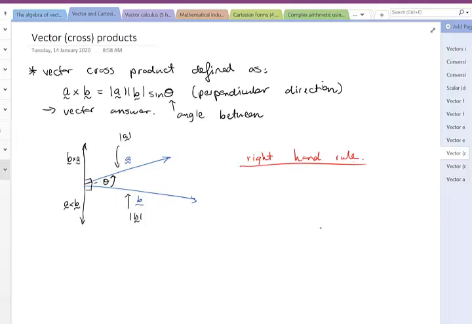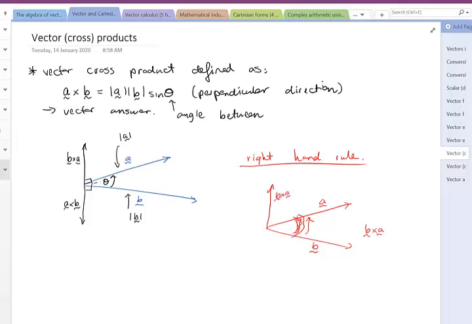If you take your right hand and run your fingers from the first vector to the second, so let's say this is B and A again, in that direction from B to A, then we're looking at the cross product B cross A. And our thumb will be pointing in that perpendicular direction, looking at B cross A.